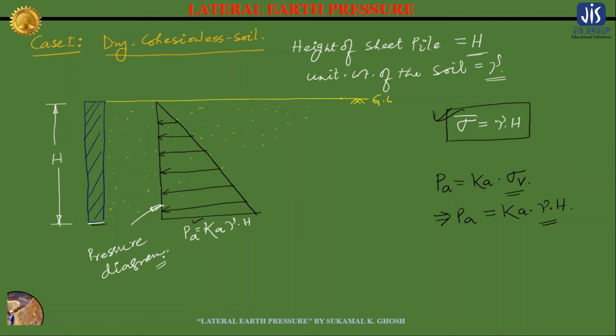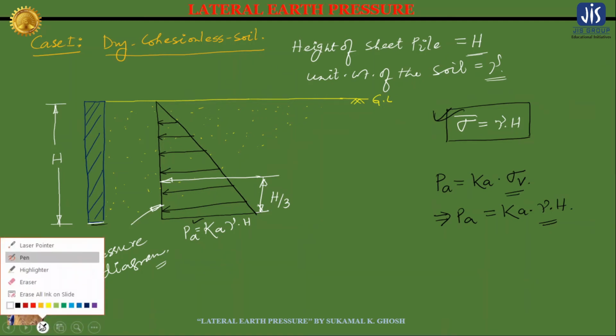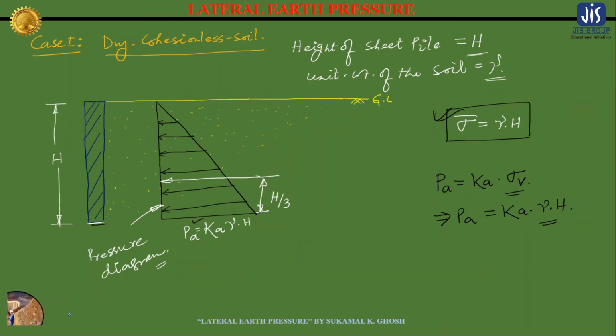Okay. Now, the active earth pressure force will act at the Cg of this pressure diagram, and since this is a triangular distribution, the Cg will be at a distance of h by 3 from the base, right? And this is Fa.